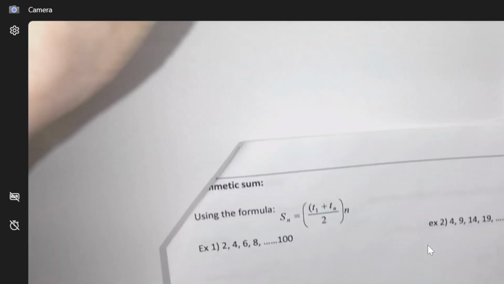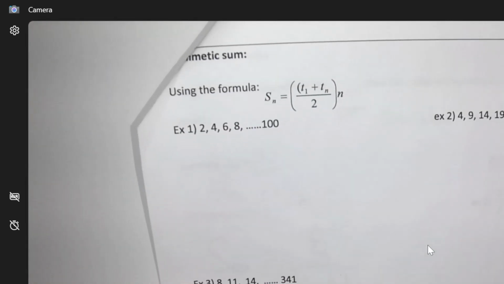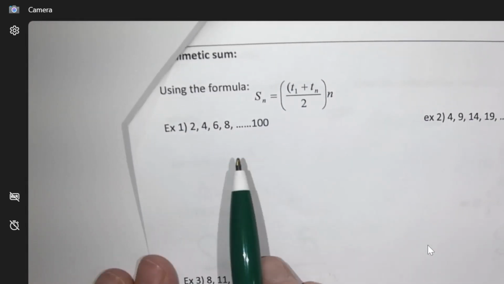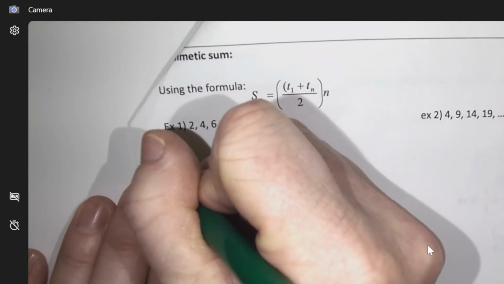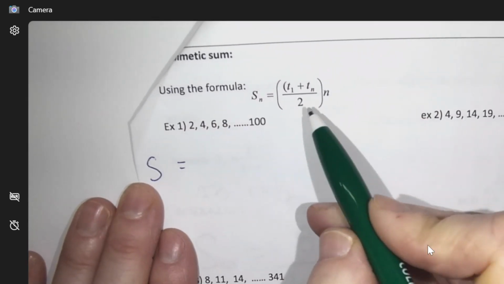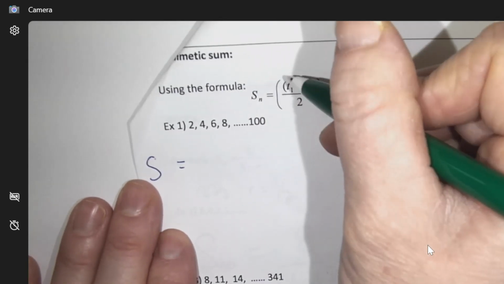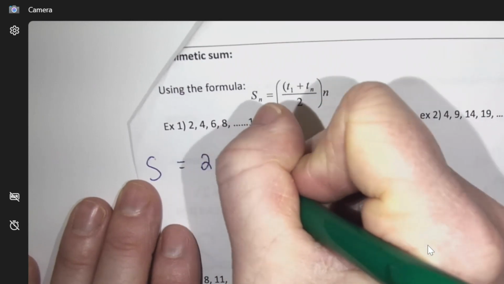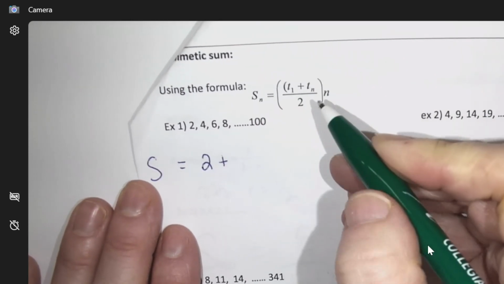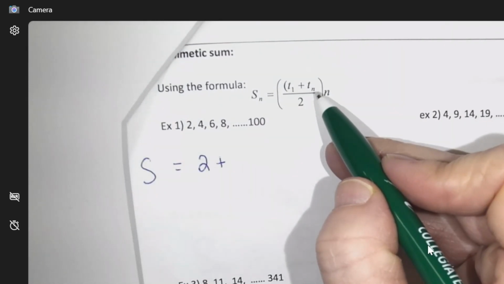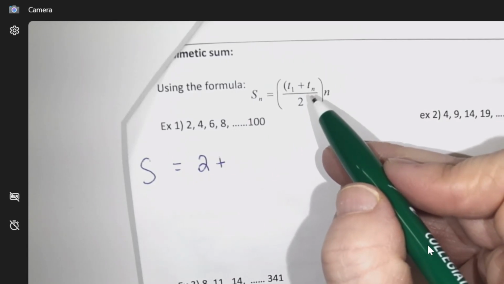Okay, so here we go. The sum of the sequence. So the sum that I'm looking for is the first term. So what can I put in that position? A 2, plus the term in the last position.